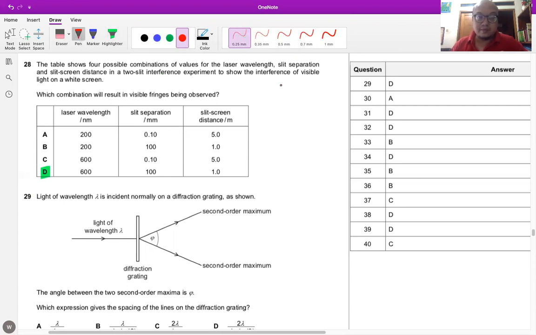I still remember the double slit formula, lambda equals d times x over L.